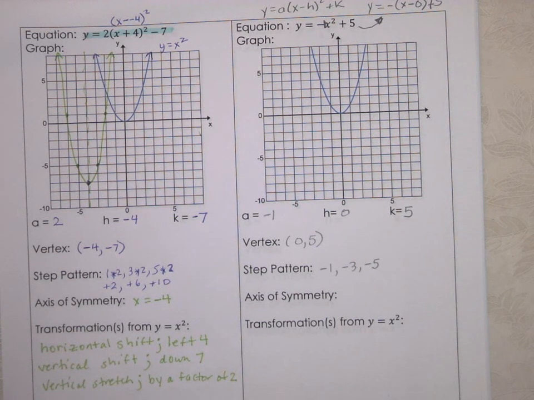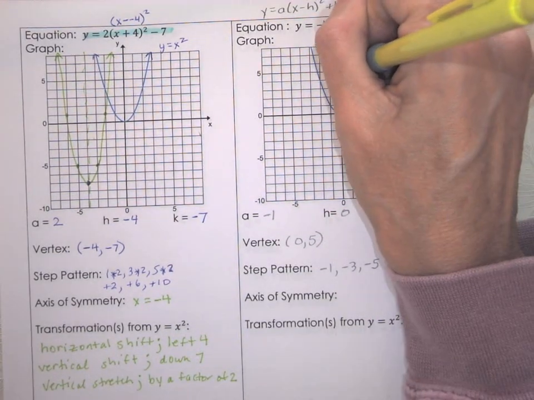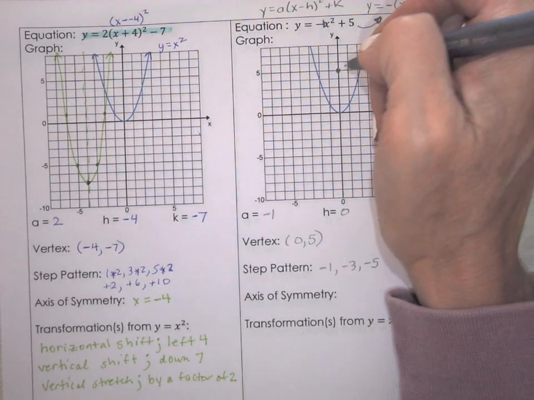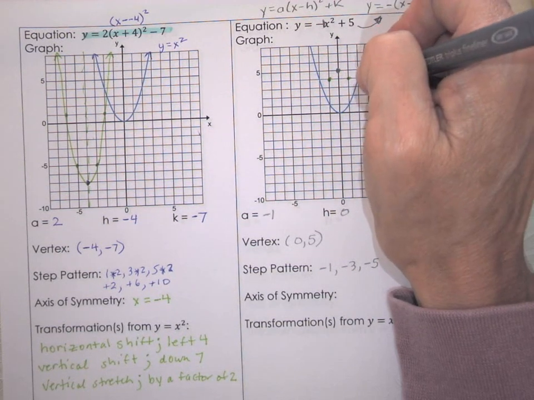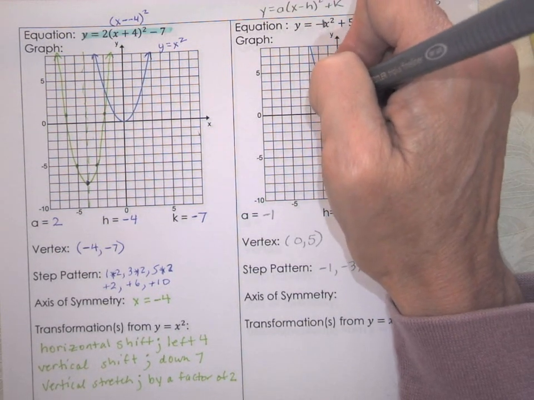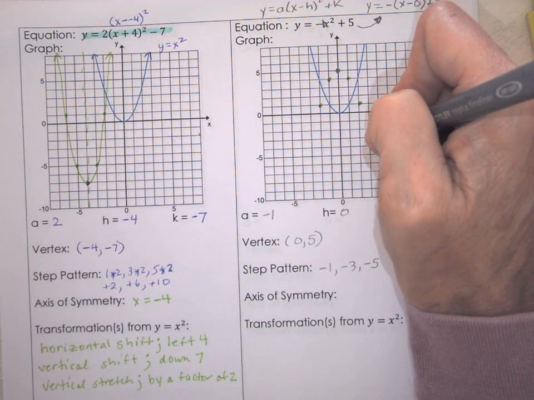So let's plot our new vertex at (0, 5). And then follow our new step pattern, which is over 1, down 1, then over 1, down 3, then over 1, down 5.